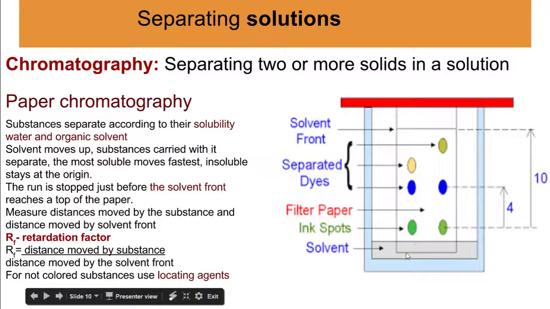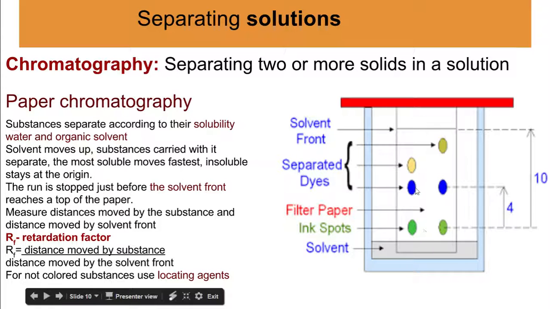And after a while, through capillarity, the solvent is going to go up and move the substances up from the ink spots. And the solvent, when there is nothing left to move, is going to go all the way up, and this is the solvent front. But you see, these spots are at different distances, and this has to do with the solubility of these different dyes.